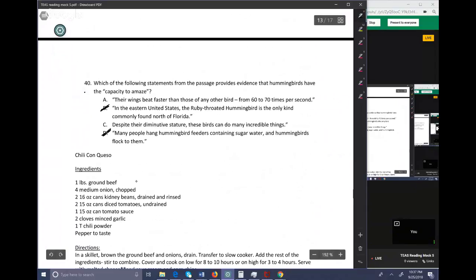The fact that a certain kind is the only kind is not that amazing. That would leave me, despite their small stature, they can do incredible things, and their wings beat faster than any other bird, 60 to 70 times per second. Both of those are impressive, but if I say that somebody does incredible things versus if I cite a very, very specific incredible thing, being specific is much more impressive than just being general.